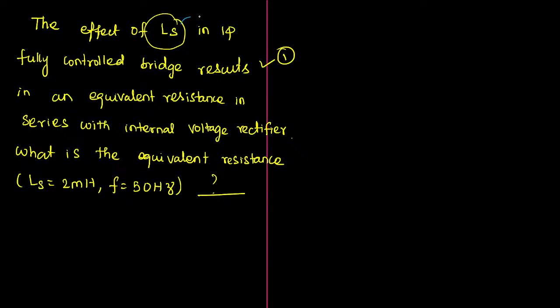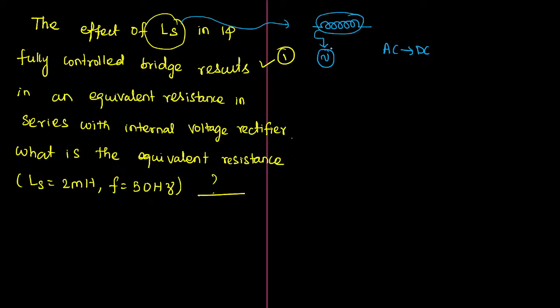Okay. So I just wanted to know, whenever source inductance is given, what is the meaning of source inductance? Source inductance means with our AC source, anyway we are dealing with rectifiers, of course you all know. A rectifier is used to convert the power from AC to DC. So we are connecting this inductor with the input AC supply.